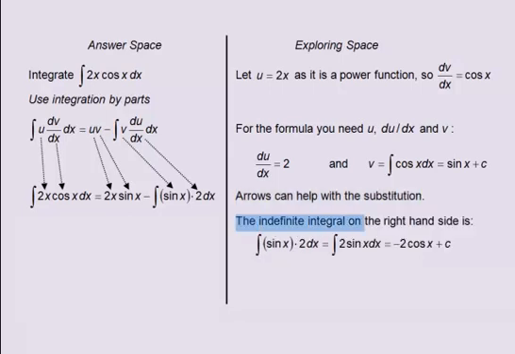The indefinite integral on the right hand side is the integral of sine x multiplied by 2 with respect to x, which can be rewritten as the integral of 2 sine x, which is a basic integral, and so equals minus 2 cos x plus c.